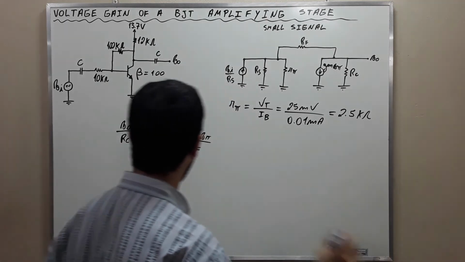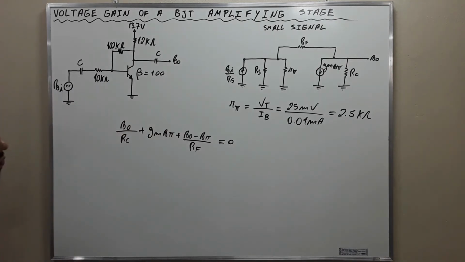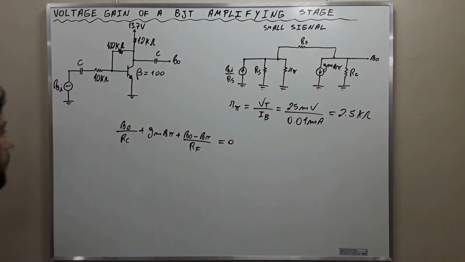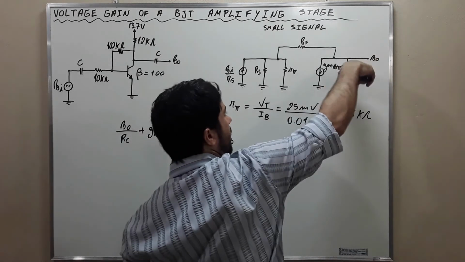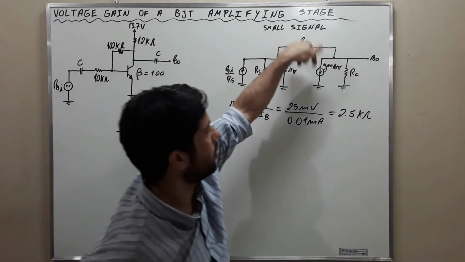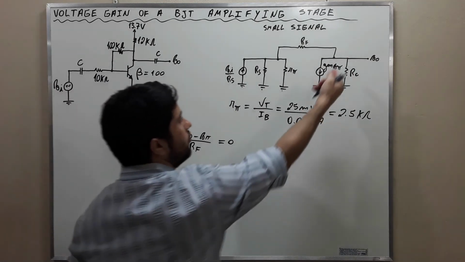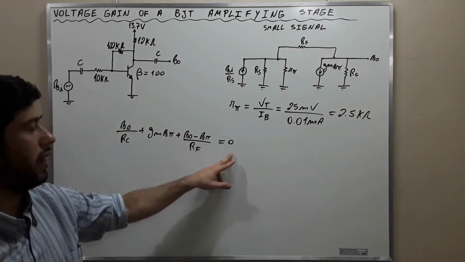These are the currents that flow to this side, and this side. VO divided by RC is the current here. GM V pi is the current here. And VO minus V pi over RF is the current there. And the sum of them all has to be equal to 0.